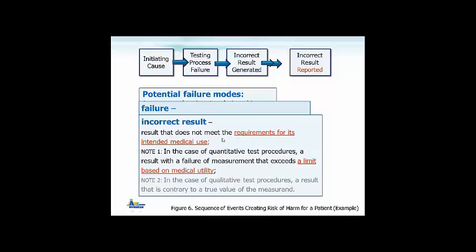An incorrect result is a result that doesn't meet the requirements for its intended medical use. In the case of quantitative test procedures, a result with a failure of measurement that exceeds a limit based on medical utility. It is all about preventing patients from medical harm. If you have a verified effective risk management process, it will put a block up here and stop that incorrect result being reported.